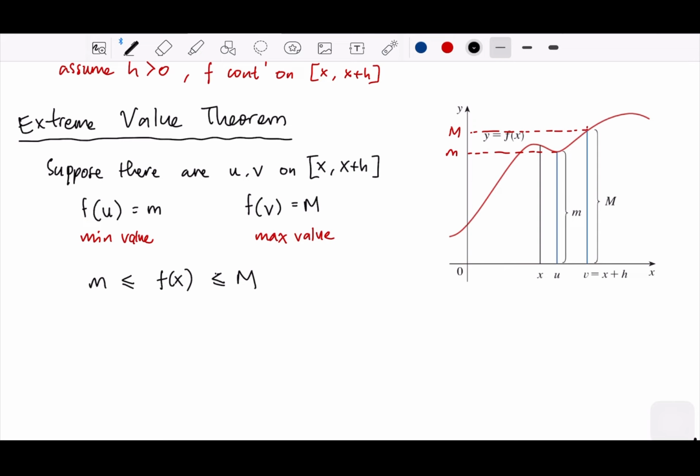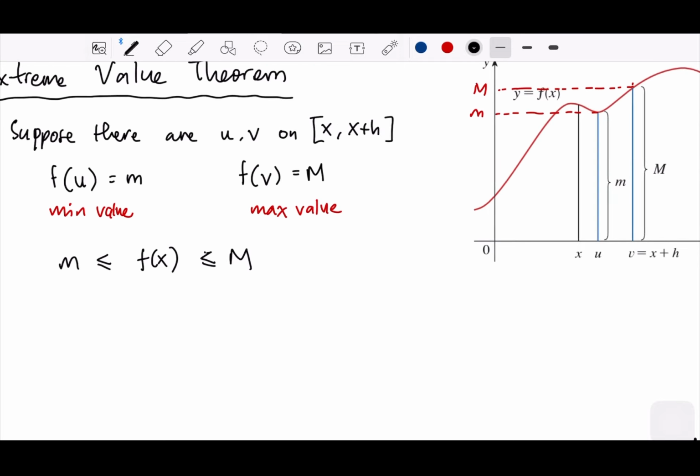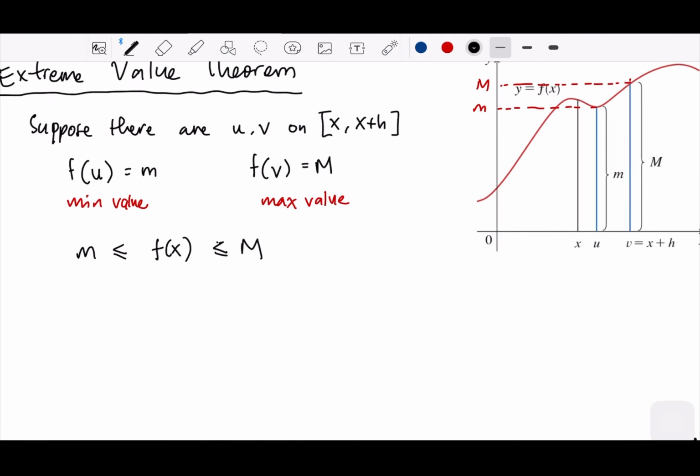So if we take, maybe let me write the original comparison theorem, and then we can exchange some values. So this will be b minus a. This is a to b. This is the original comparison theorem.